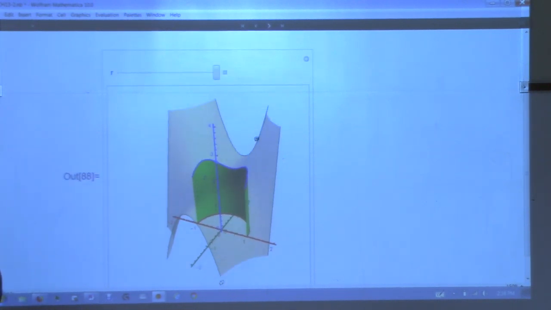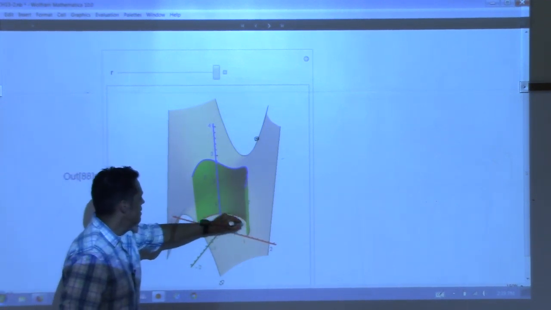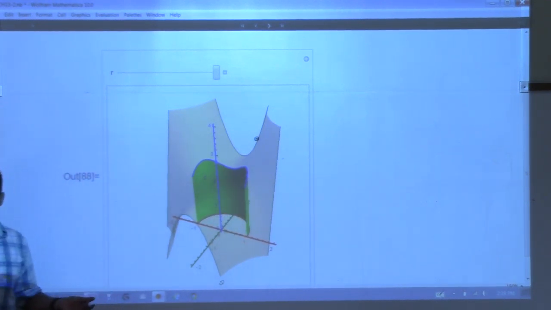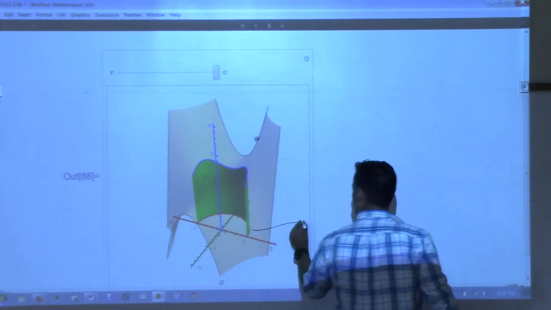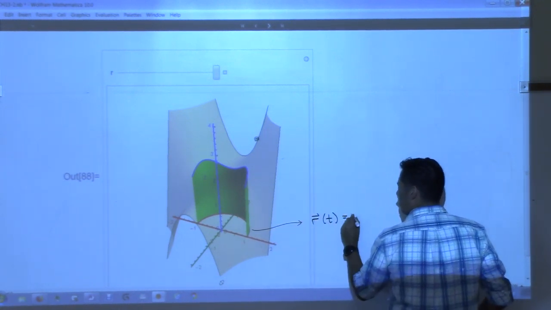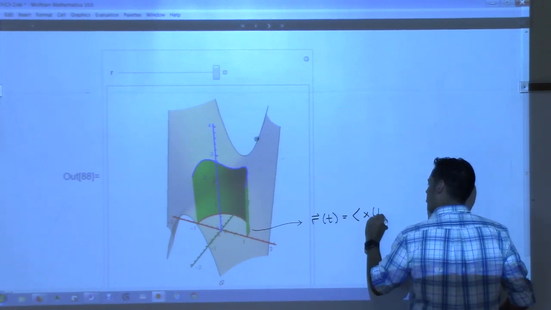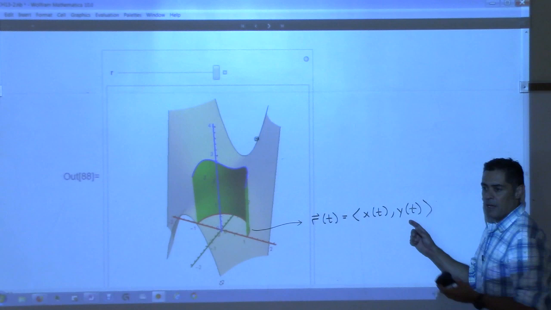So the way we're going to do this is a little weird. We need to first understand that drawing this curve on the ground can be done using a vector function. So you see this red curve down here? I can draw that using this good old-fashioned vector valued function in two-dimensional space.